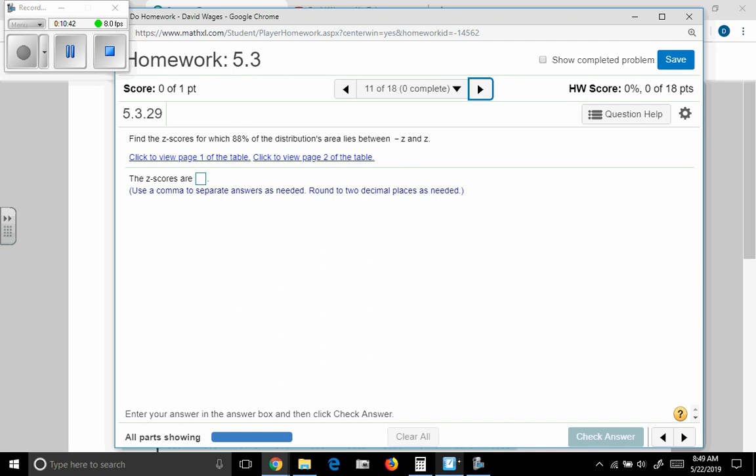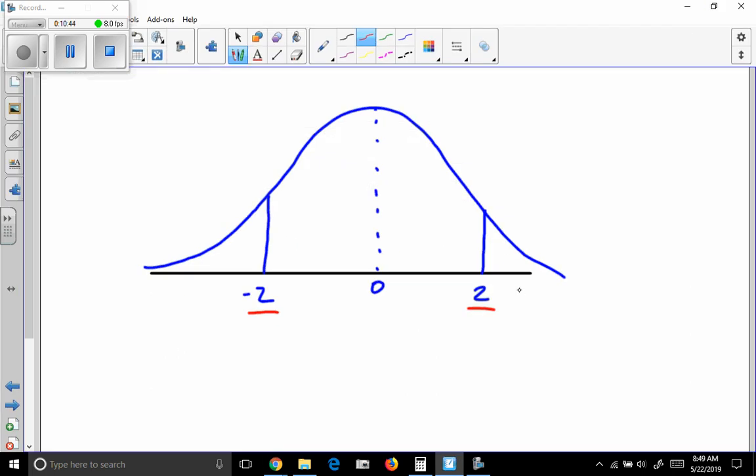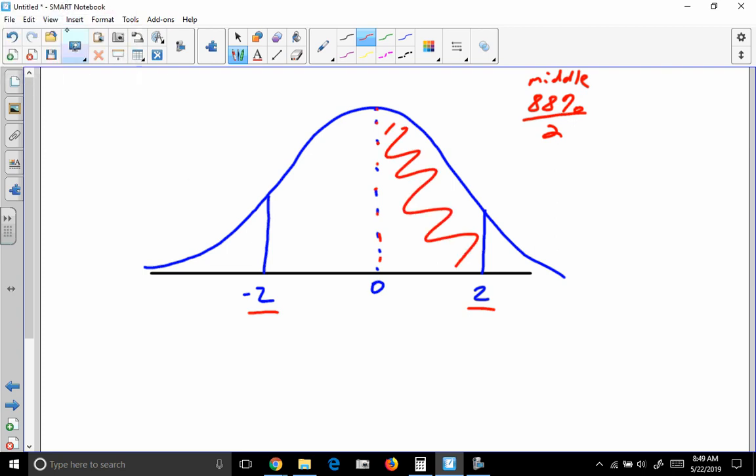So we're trying to find out between which two numbers is 88% of our data. In other words, we're looking for the middle 88% of the data. If this is symmetric, and we're looking for the middle 88%, then half of that is going to be over here. So 44% or 0.44 is on this side.